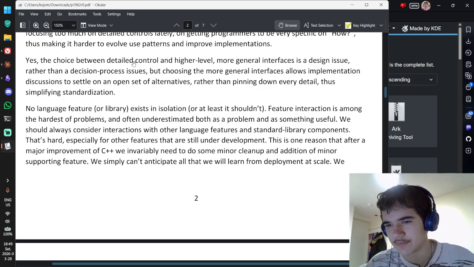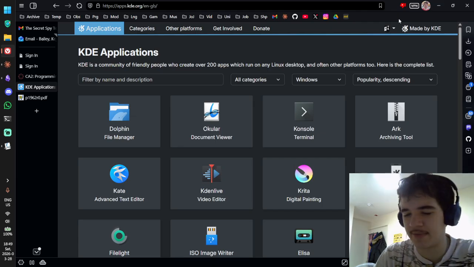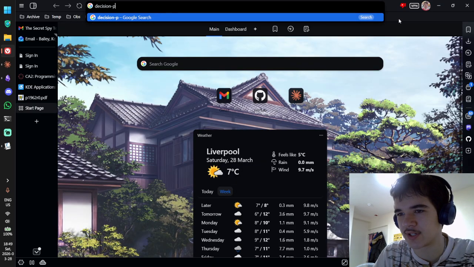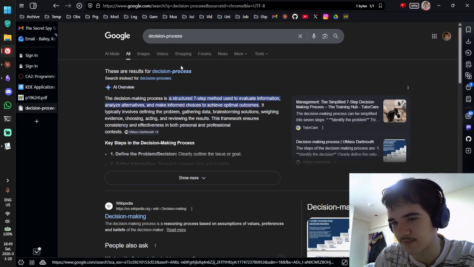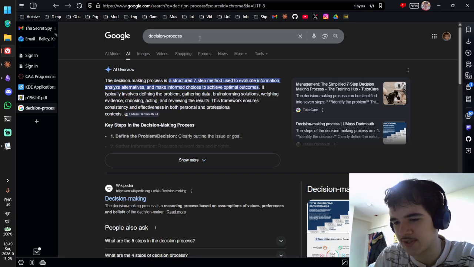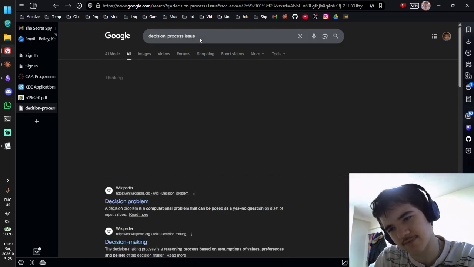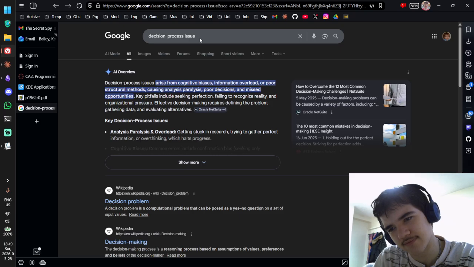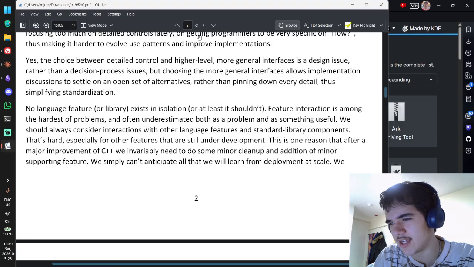Design issue. I don't understand this. A design issue is a decision process issue, isn't it? Unless he means a specific terminology there, like decision process. No, that's just the decision making process, right? Biases, overloads, or poor methods. Yeah, I disagree here.